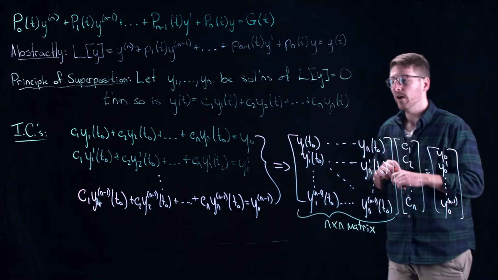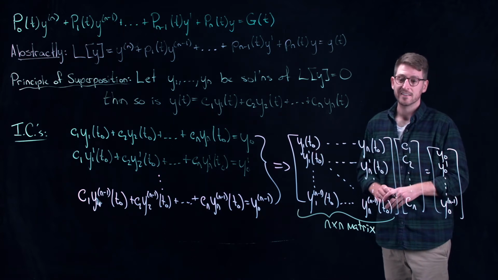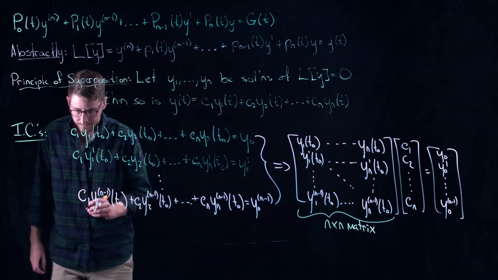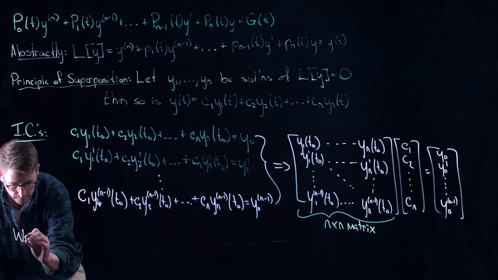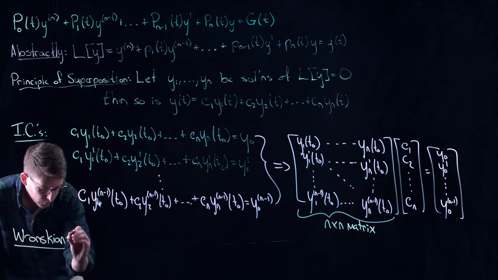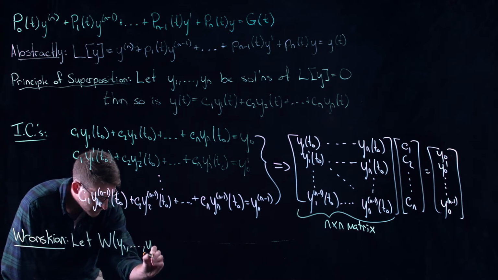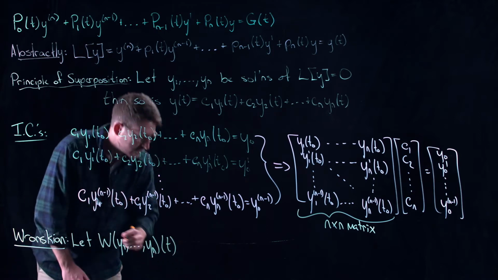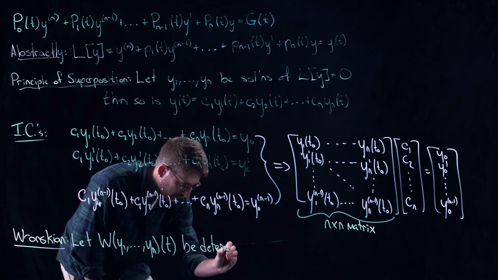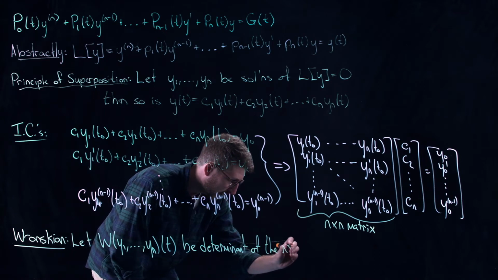So what was it that I wanted you to try and guess was coming next? It was the Wronskian, all right? So again, we have the same idea. So let's say the Wronskian. Let W, and remember we're going to use this notation, remember it depends on t, be the determinant of the n by n matrix.